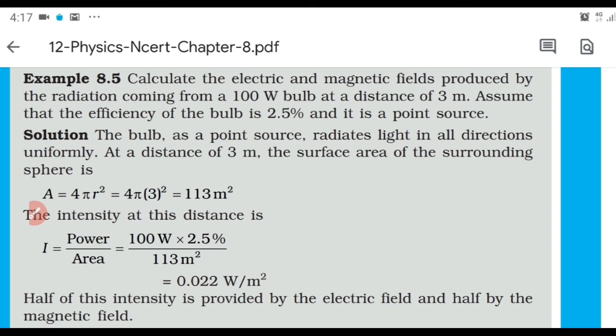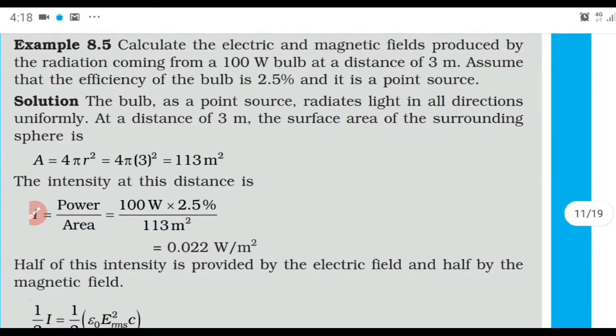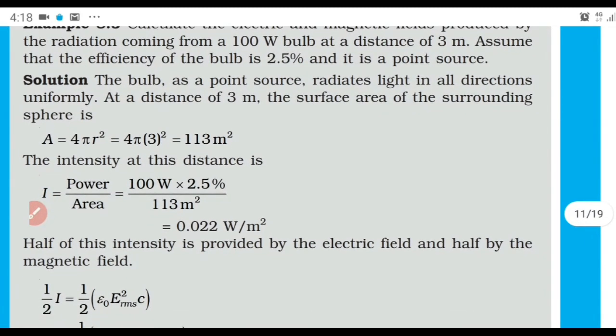So at 3 meter distance, what will be the intensity of light reaching? That we can calculate. So first we are doing that part. At 3 meter distance, the surface area of that imaginary sphere whose radius is 3 meter is 4 pi r square, that is 113 meter square.